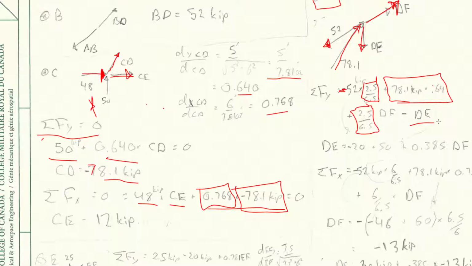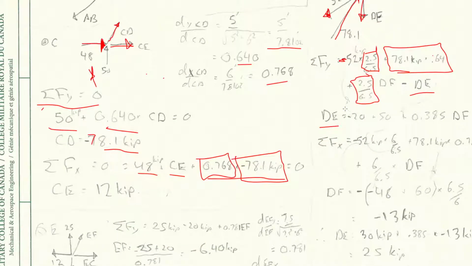So then we can plug and chug, and we can solve for DE in terms of DF. So this ends up being minus 20. This ends up being 50.